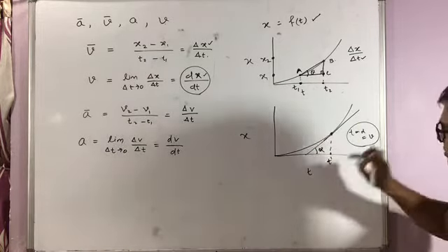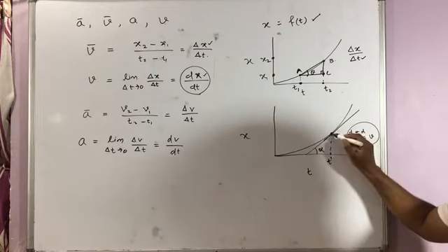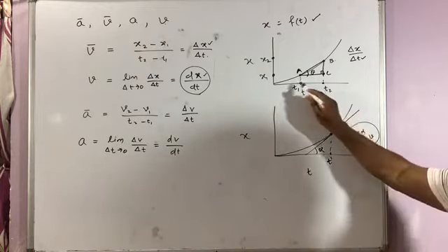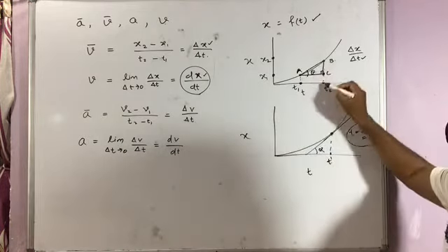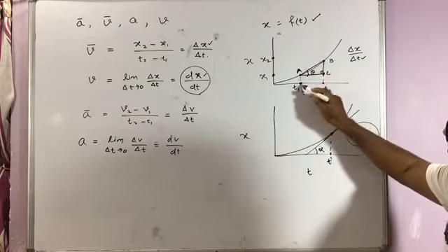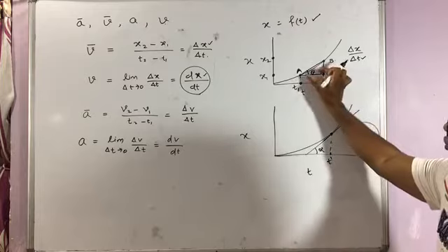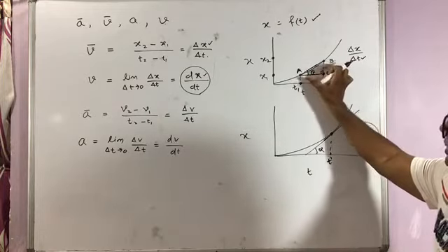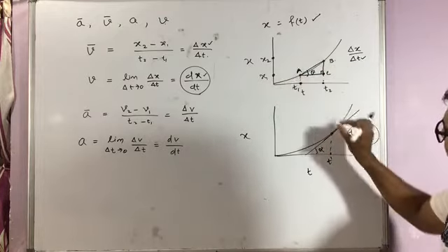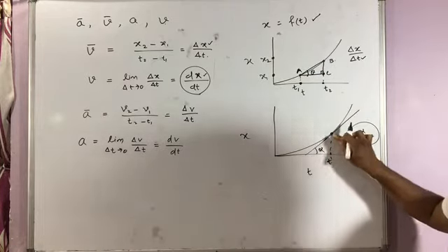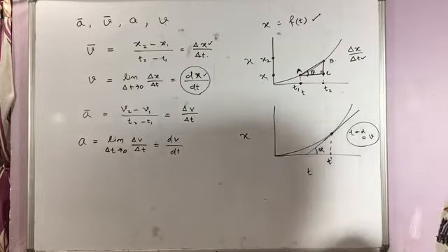Got? Try to understand here why it is called instantaneous. In this case, actually we are finding t2 minus t1, where t2 corresponds to point B here, and t1 corresponds to the time coordinate of point A. If A and B are very close together, then that straight line AB will appear to be a point here. And if you extend that line, it will be the tangent at that particular point.